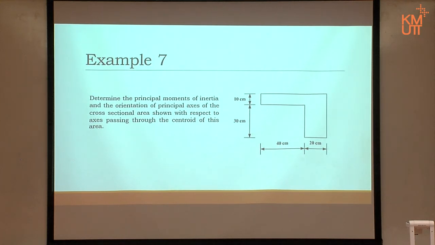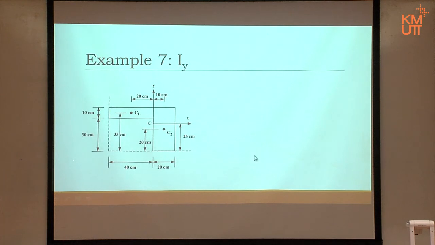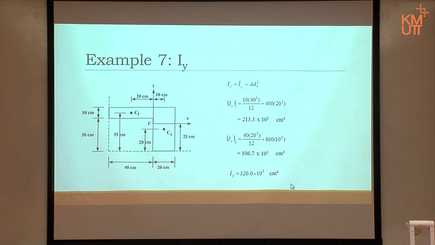Then the rest is substitution. Now we have to find Iy. We've already found X bar, correct? So we substitute it. This is for area 1, this is for area 2, then combine them. We have that.